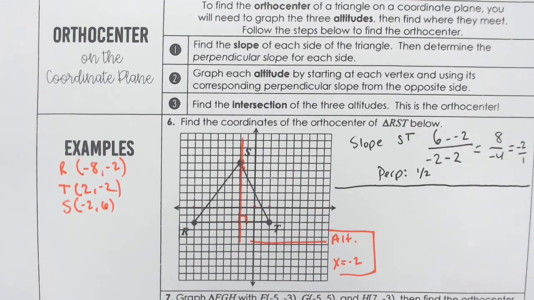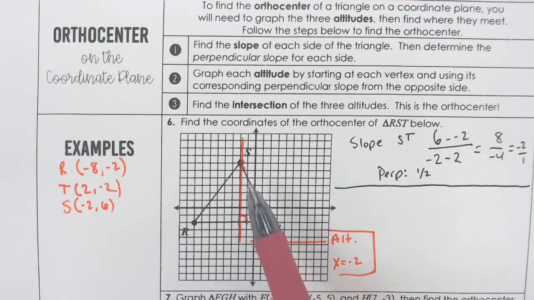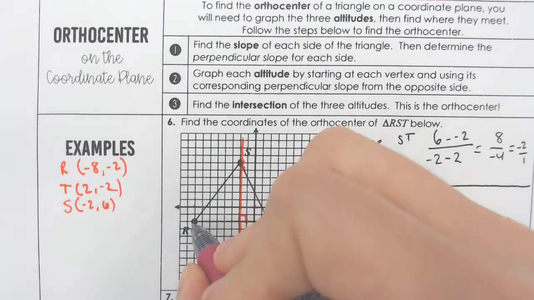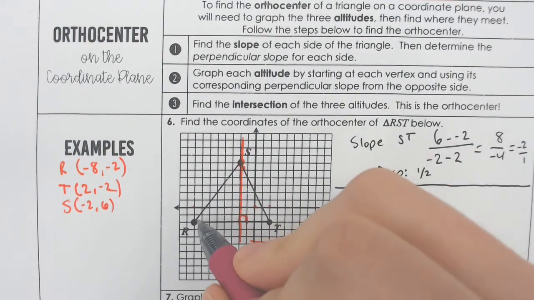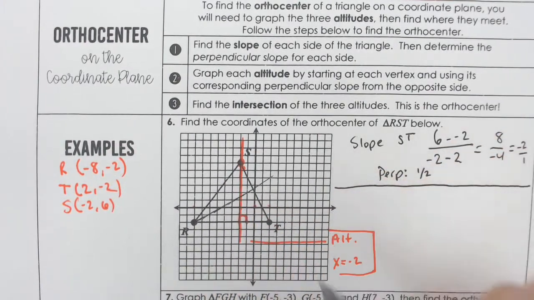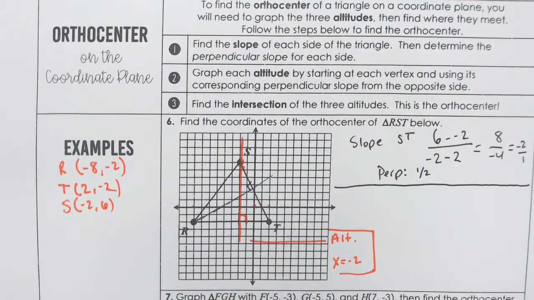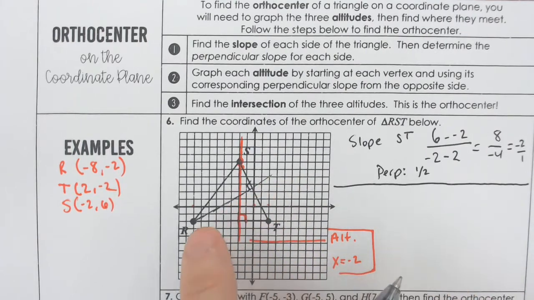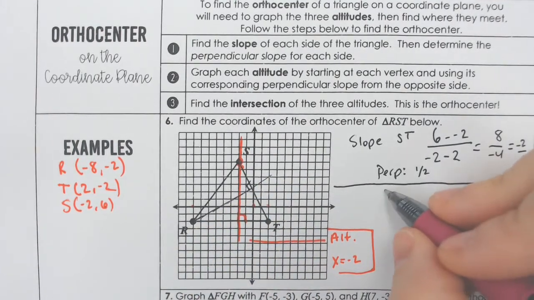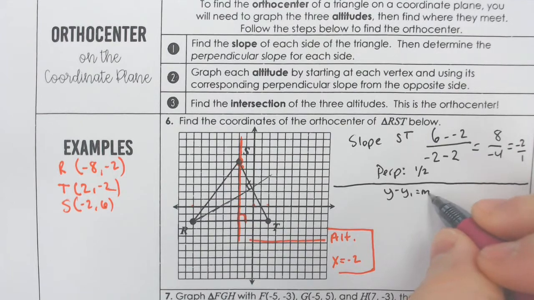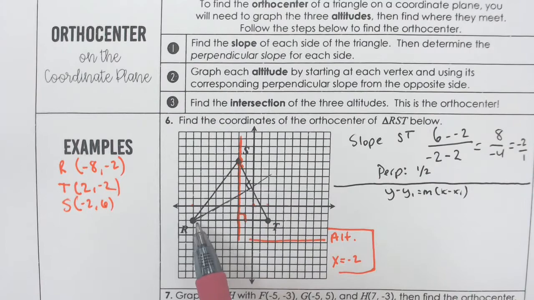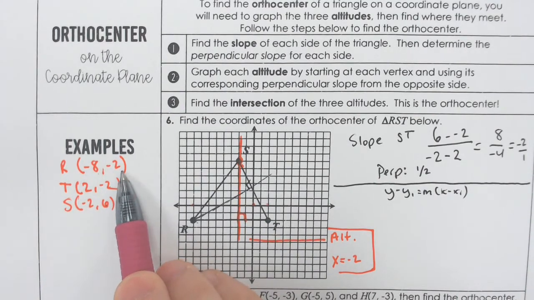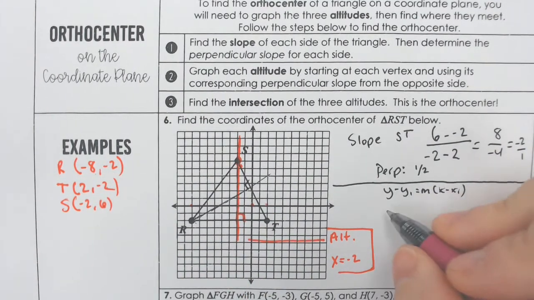We want to get the equation of the line that is perpendicular to ST but goes through point R. So point R, we're going to try and draw a line like this, that happens to be perpendicular to ST and goes through point R. So we need the equation of that line. We're going to have to use the point slope formula. We have our point R, -8, -2, and we have the perpendicular slope.